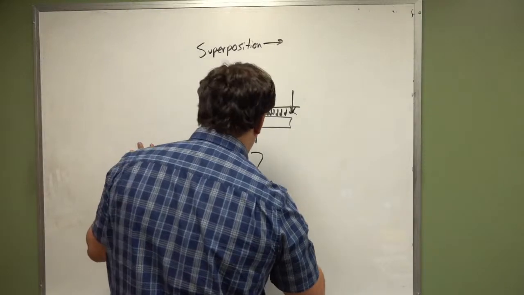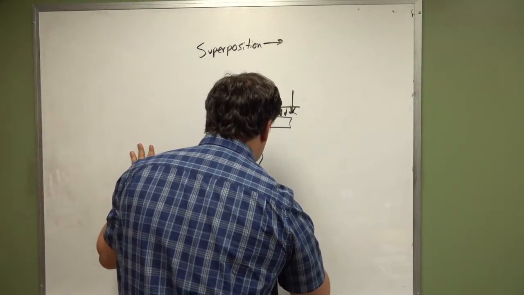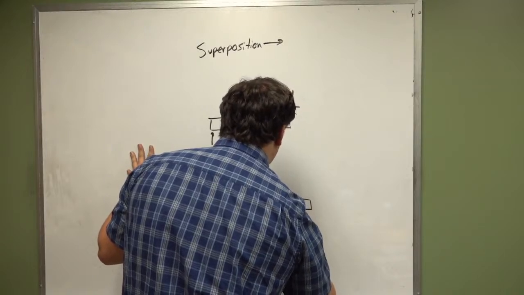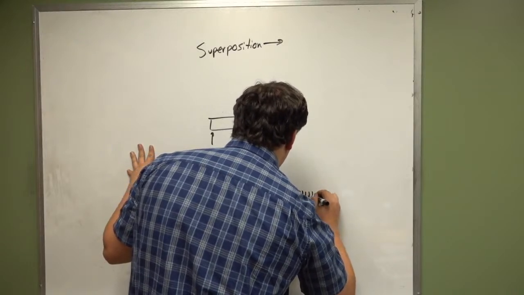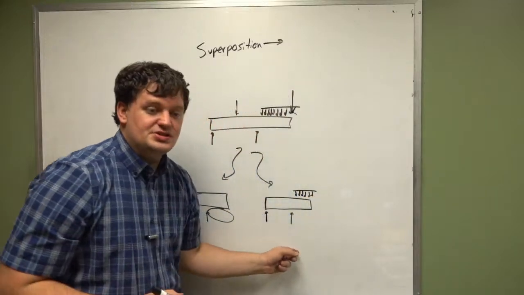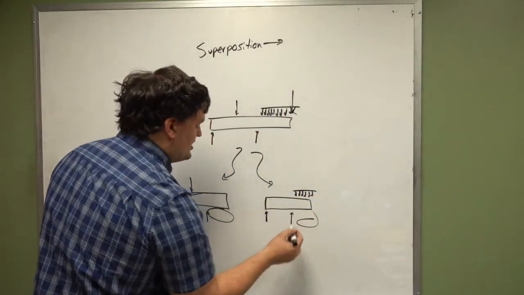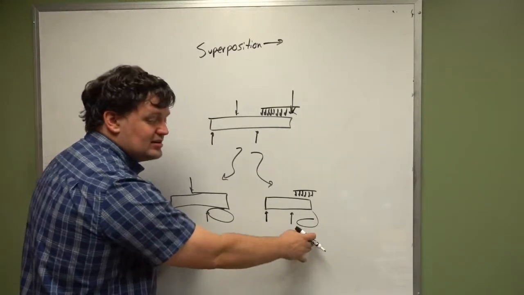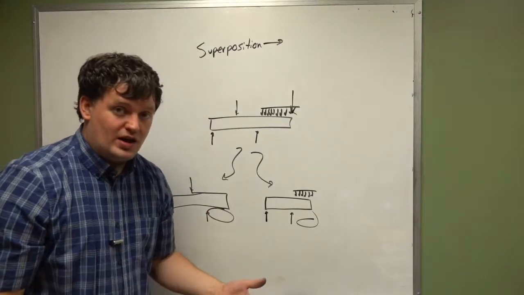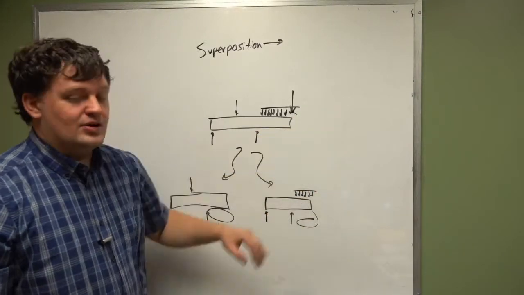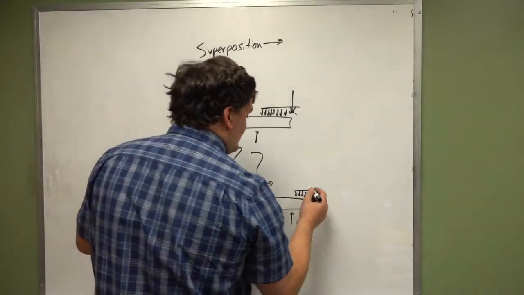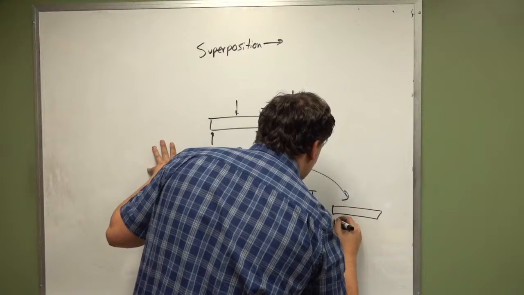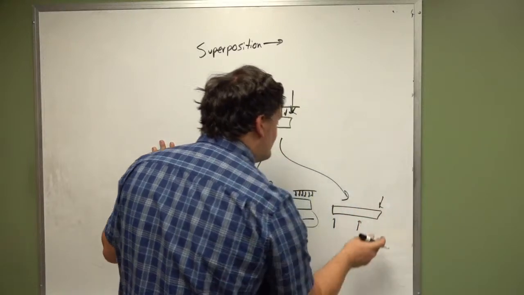Similarly, we can take a system that looks like this, and we can find the deformations of this system. And we can find the Y locations here. If we add the Y value at any location from here and here together, we get the total Y value from these two loading conditions. Now we add one more point load at the end, then all we have to do is add what the Y value is from this system.